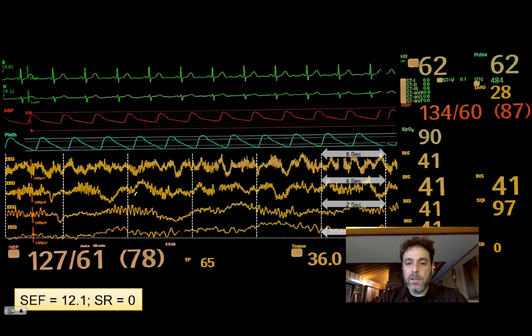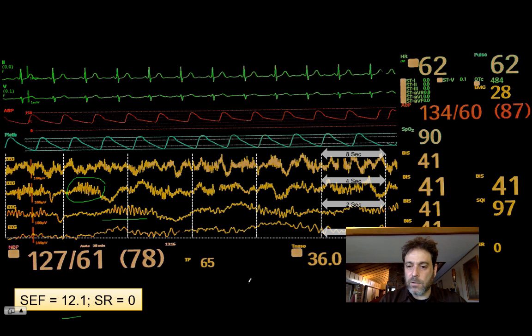In this example, again, you can see the slow delta waves, lovely pattern of spindles here, more prominent on the crest than on the trough. You see that here too. The spectral edge is again about 12, counting 1, 2, 3, 4, 5, 6, 7, 8, 9, 10 hertz again.